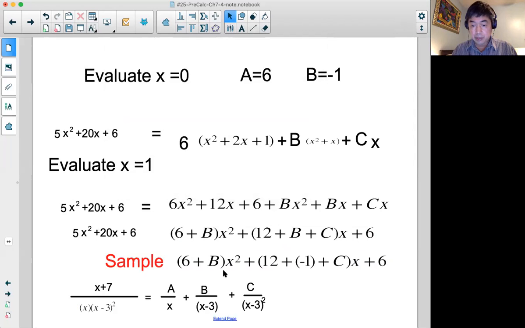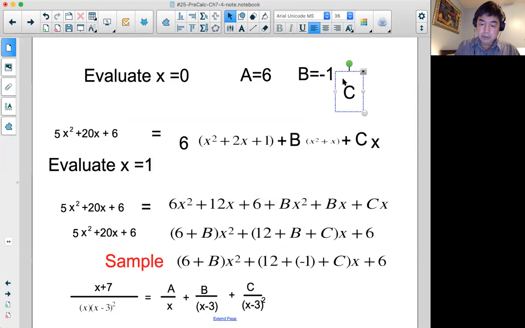It became 20. So 12 plus -1, or 12 minus 1, which is 11. 11 plus c becomes 20. So c must be 9. Now we solved everything. Let me check the answer key later.